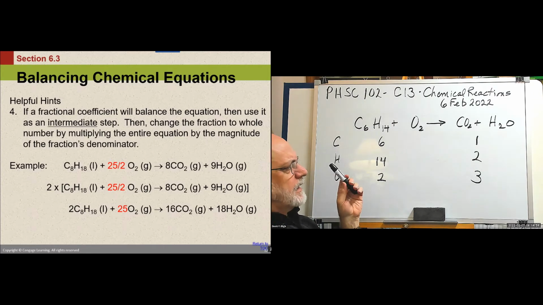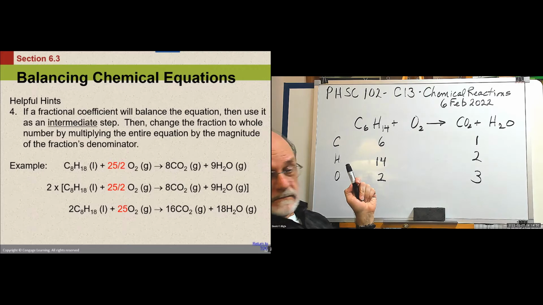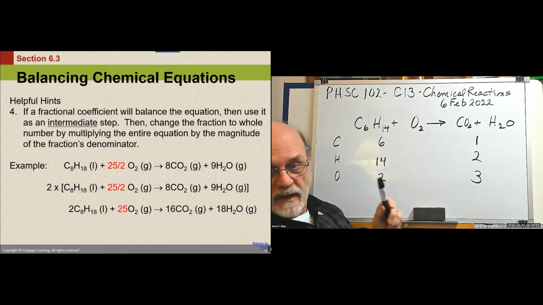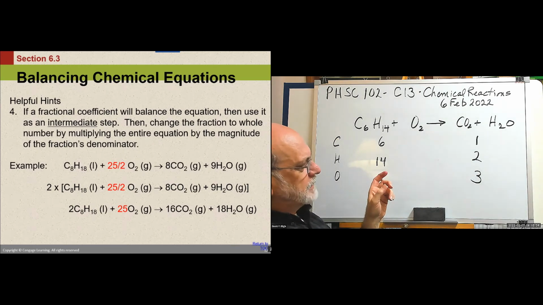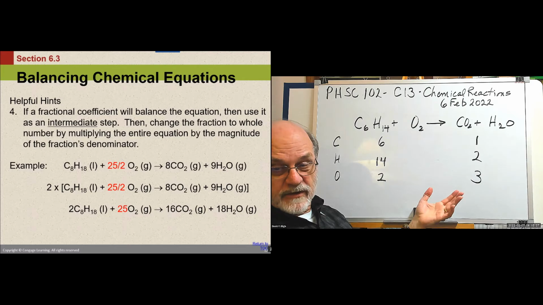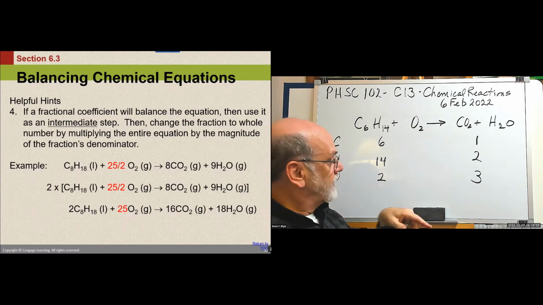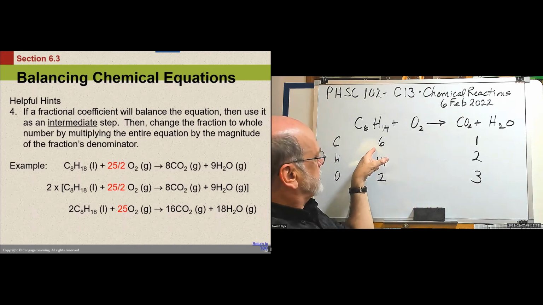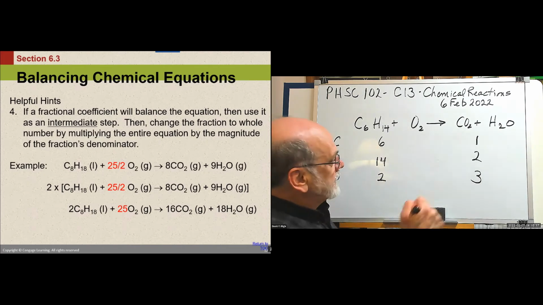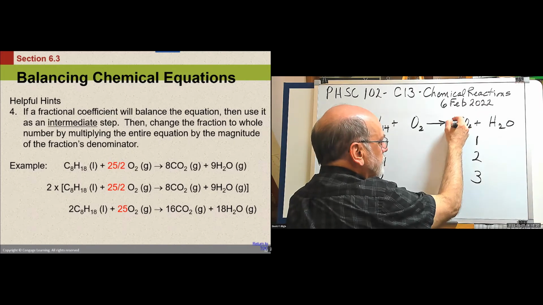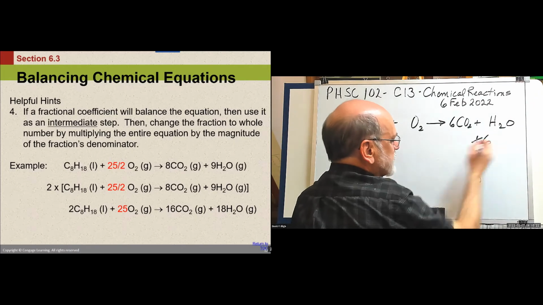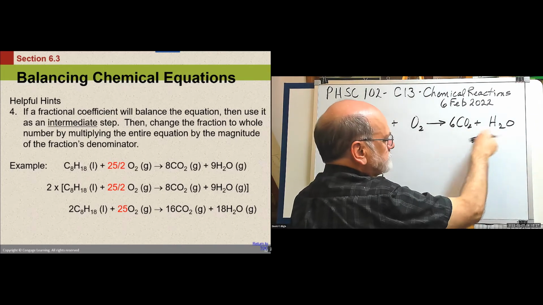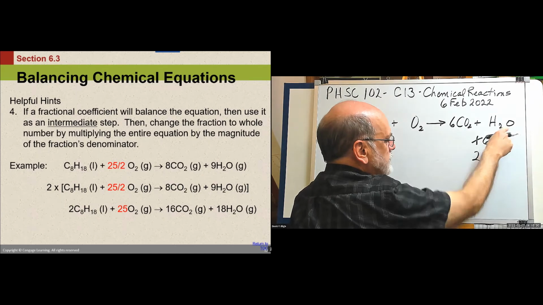Okay. Now, we could start the same way we did before and put a 2 over here. But I try to avoid that unless I have to. And I had to in the past one. That was because the carbons were already balanced. But if we balance the carbons first, then that means we need a 6 here. Right? That means 6 carbons. And now we have 12 and 13.